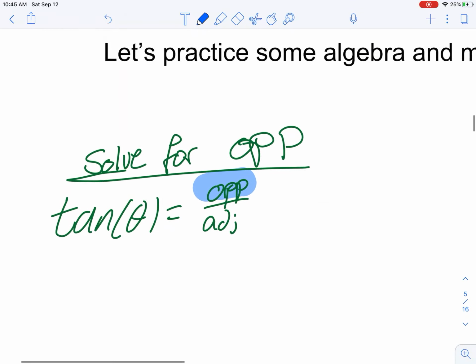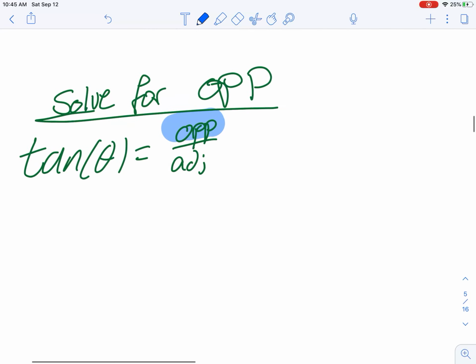Well, remember, we want to do the opposite operation, so realistically, we want to get adjacent to this side. Okay? The way we get adjacent to this side is by canceling out the adjacent on this side. How do I cancel out? So when it's multiplying something or dividing something, you need to do the opposite operation.